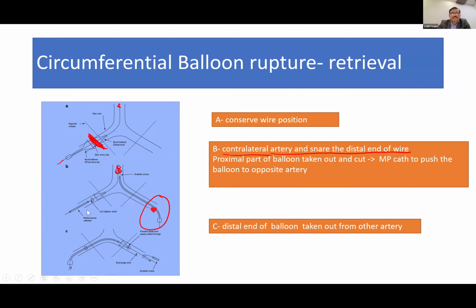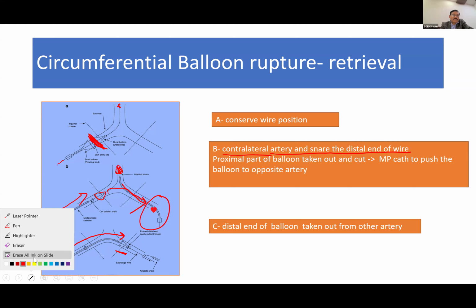An MP catheter is pushed. Now I'm pushing the MP catheter so that this distal segment, which is snared already, will go into this part. Like this, the MP catheter is pushing the distal balloon segment into the contralateral sheath. So the other tip is in control with the snare. You take it out from the artery.